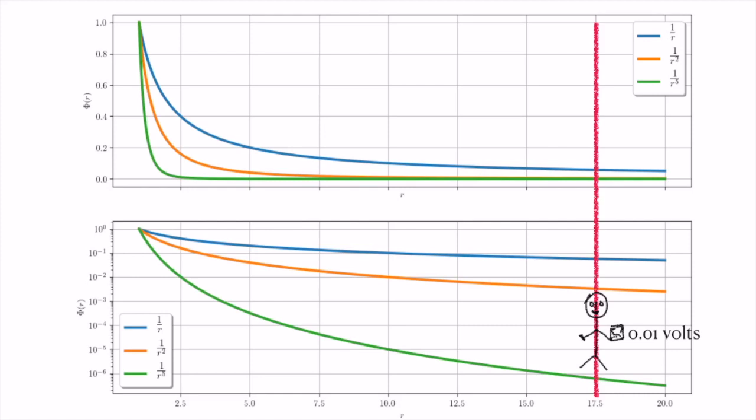Now, if the person is standing at a point on this red line, then the person will see only the monopole term, because only that is detectable with this instrument, whereas he or she cannot determine the potential because of the 1 by r square or 1 by r to the power 5.